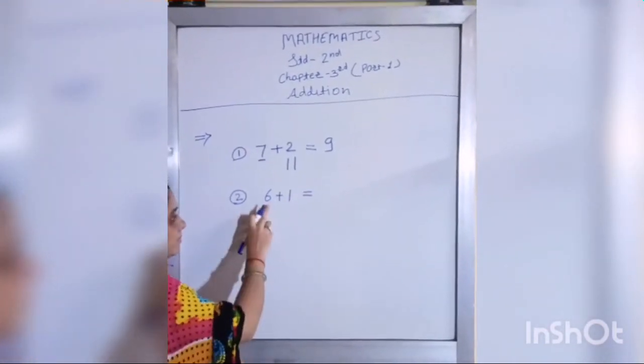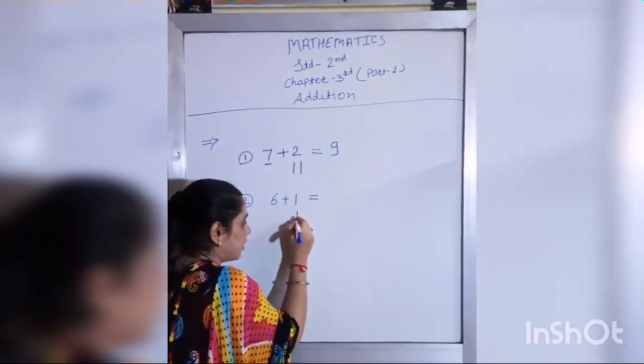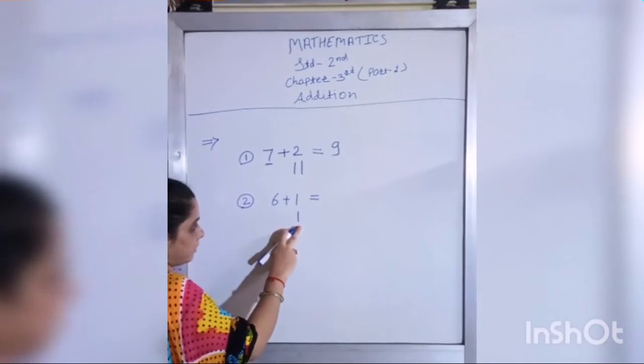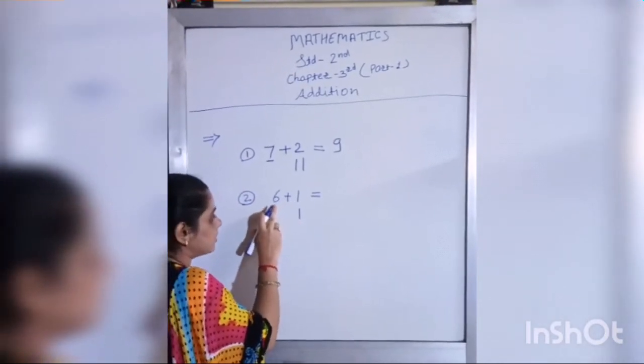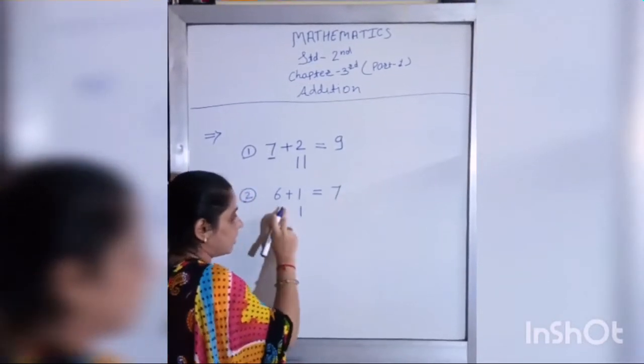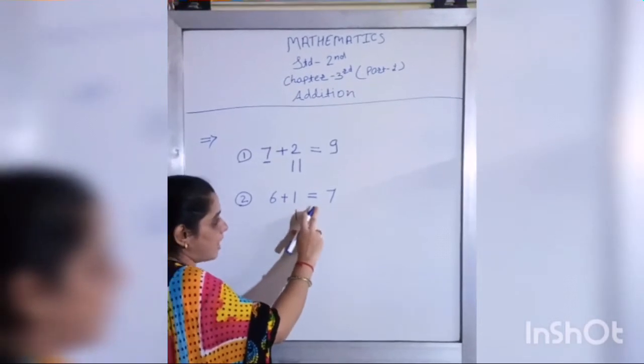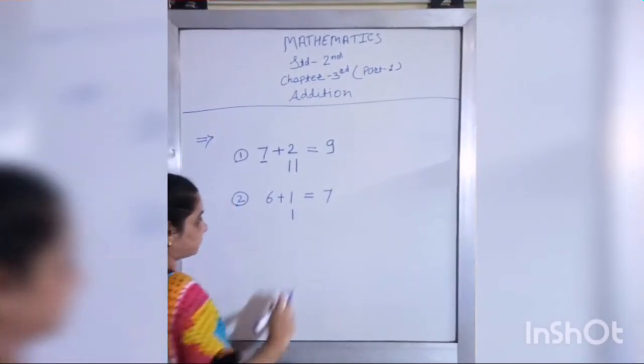Which is the big number here? 6. Next number is 1. So draw 1 line. Count after 6. 6, 7. So 6 plus 1, answer is 7.